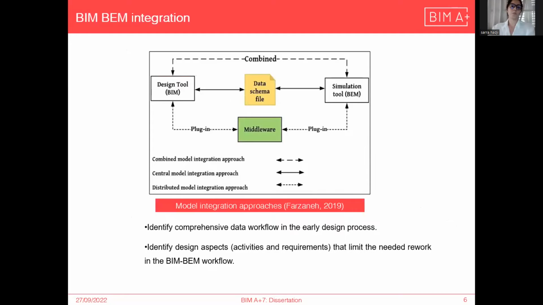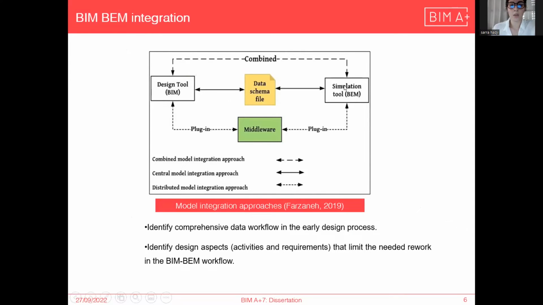So to proceed with the integration, we have three models to follow. The first one is the combined model, where the model is transferred directly from the BIM tool to the simulation tool using a plugin.